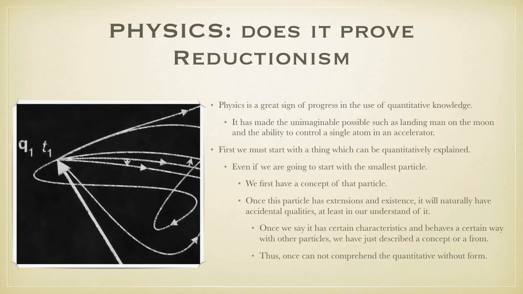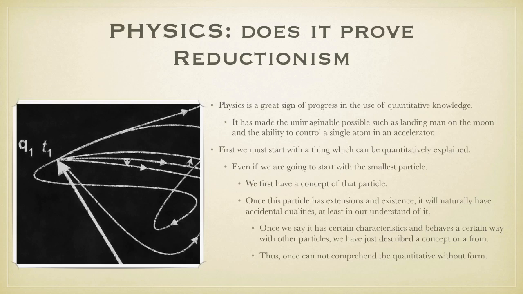To understand the defects of a purely quantitative system, we must first start with something that can be fully explained quantitatively. Even if we start with the smallest particle, we have not attained a standard. We tend to think of electrons, protons, and neutrons as little balls orbiting a nucleus.